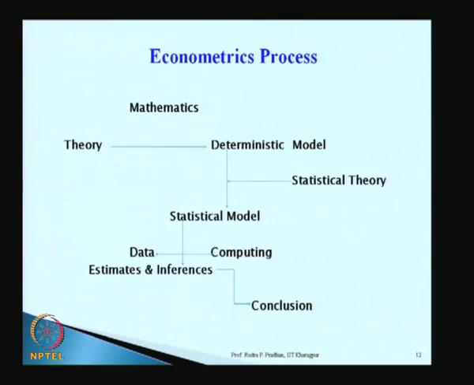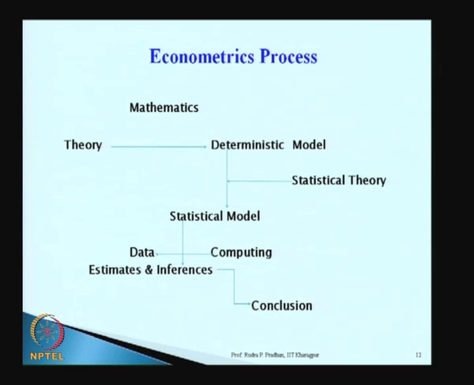Basically, from the theory you have the deterministic models, that is the mathematical theory. Then you apply the statistical theory, and the deterministic model will be transferred into the statistical form of the model. That means when there is a theory, we have to apply mathematics to transfer this theory into a deterministic model, which we call the mathematical form of the model.